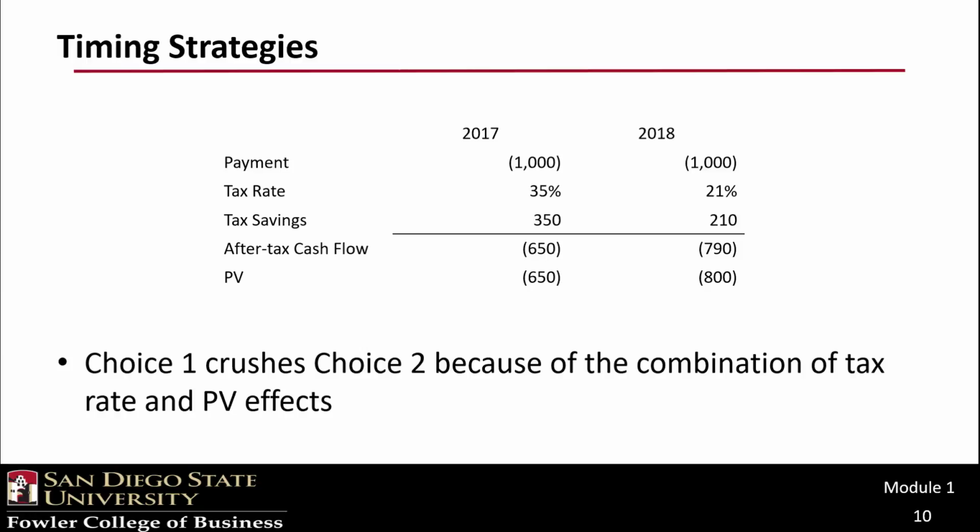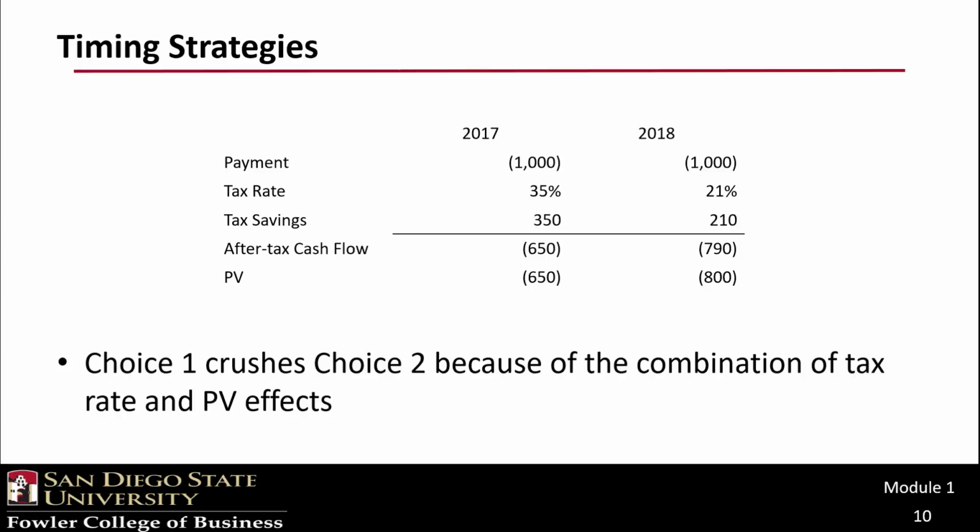So if they pay this in 2017, the pre-tax outflow is $1,000. The tax savings is $350, which means the after-tax cash flow is a $650 outflow. The present value of that is $650 because there's no difference. If, on the other hand, this gets paid in 2018, now the deduction is only worth 21%, or $210.